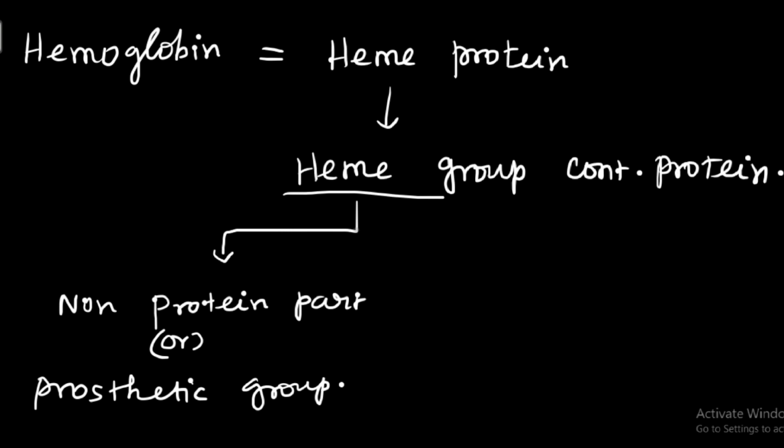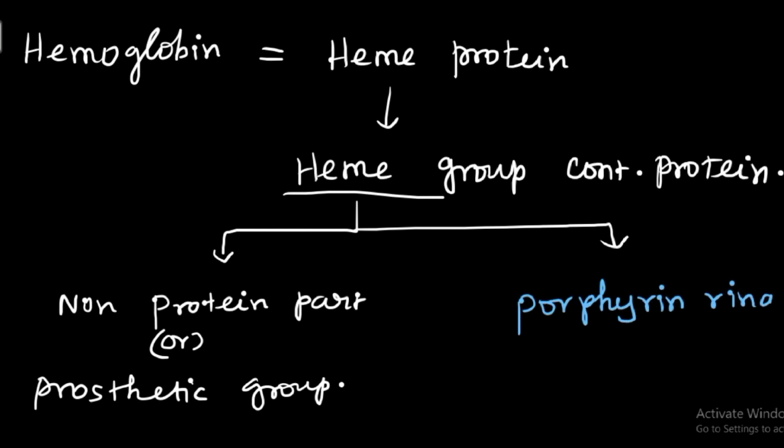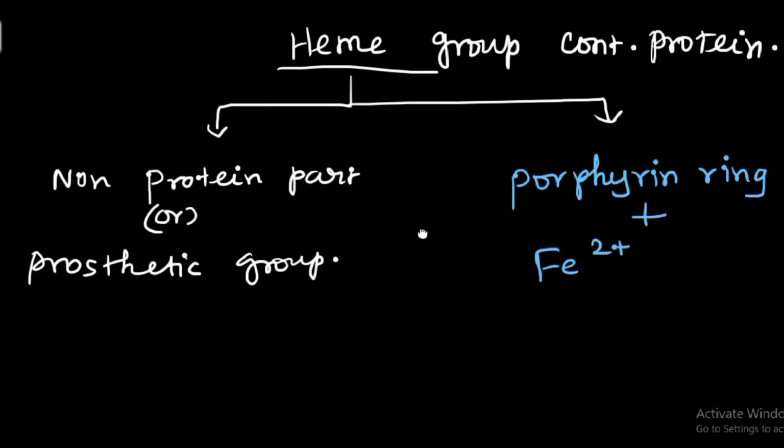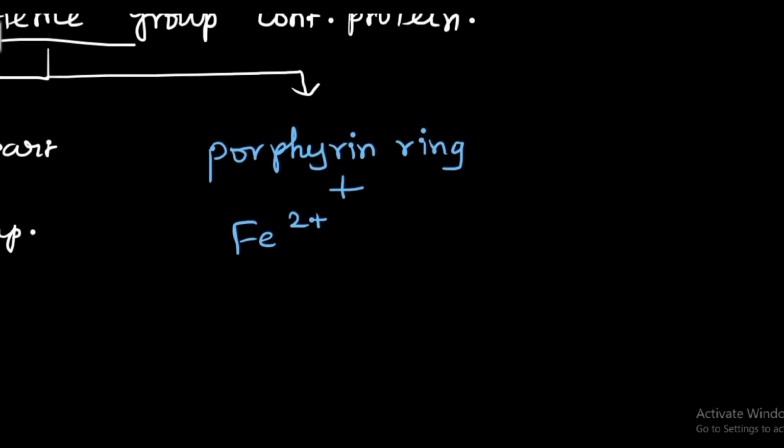Okay, so let us look at the structure of the heme group. The heme group contains a porphyrin ring as well as iron in the Fe2 plus state. Now we have one more doubt. What is known as the porphyrin ring?